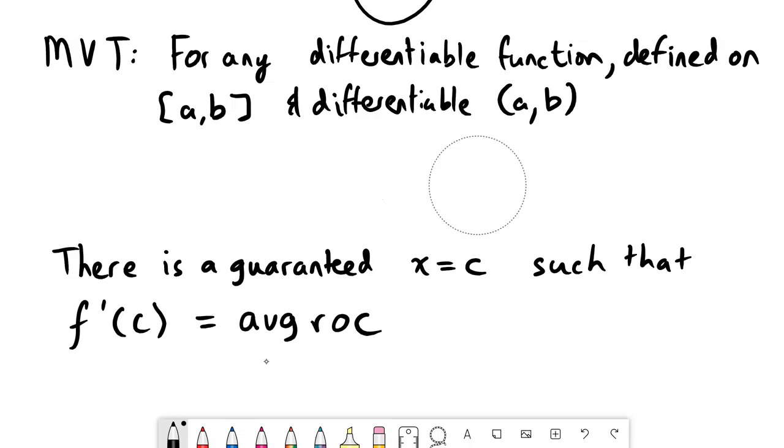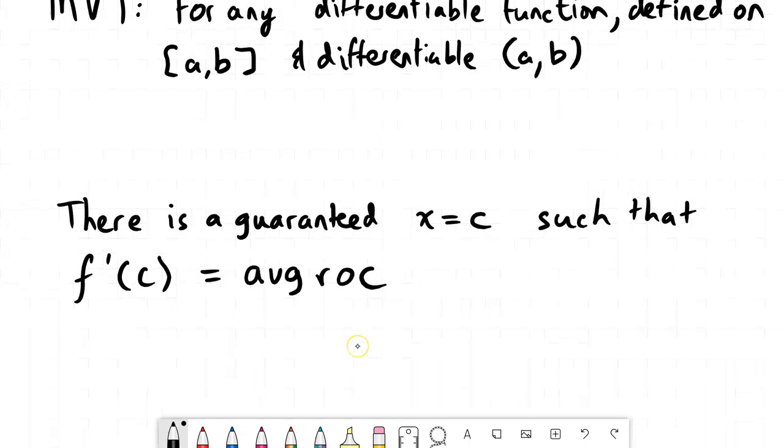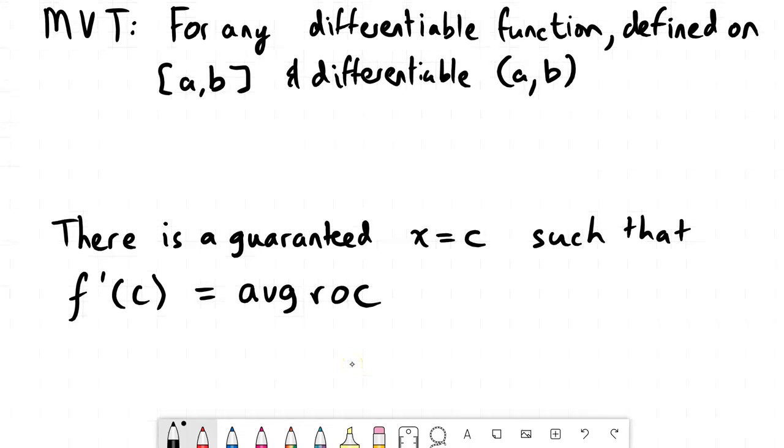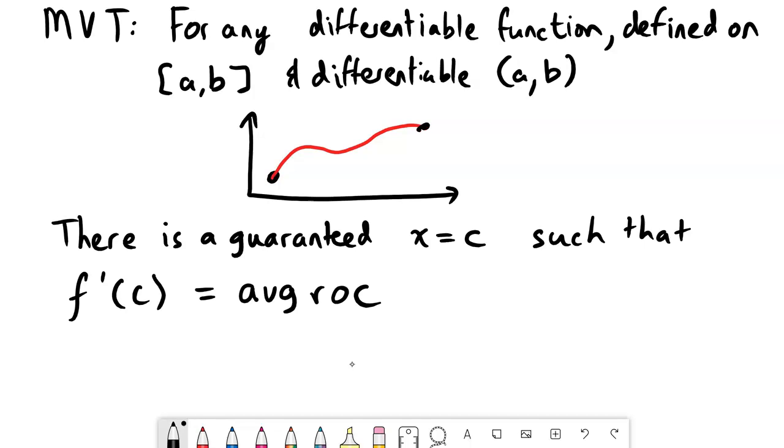So I just wrote it up here, but it's more like this. So what is the average rate of change? Let's get to a fuller equation of the mean value theorem. I guess that's why I have this space right here. If I have any arbitrary function like this, and it's defined on these endpoints, the average rate of change, if you remember, is just the line connecting those two.